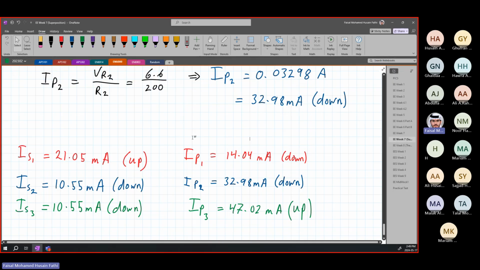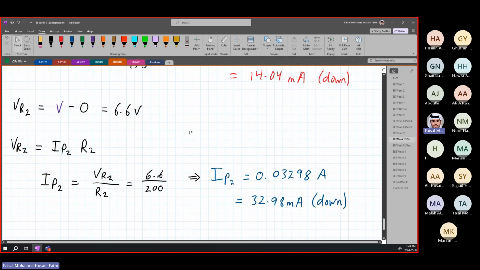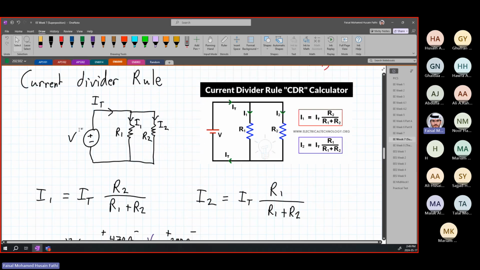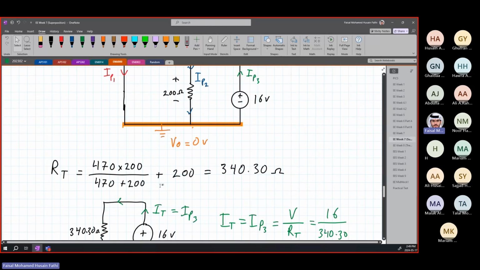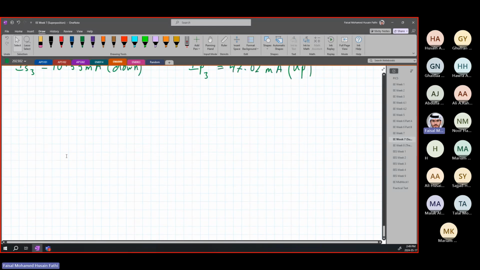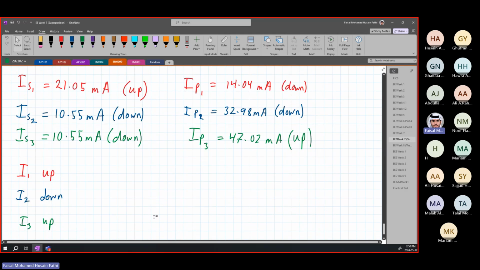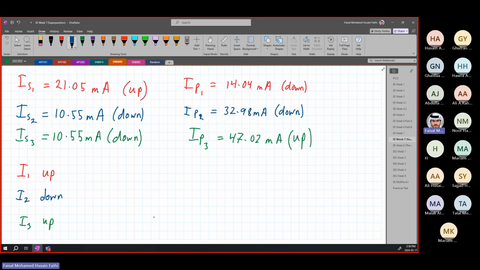Now, this is where it is very important. Now we need to go back to our original assumed directions. Remember when I told you the very first thing you do is you assume your directions, which is up, down, and up in this case. Because now we are going back to the original circuit. We want to relate this to the original circuit. All right? So this is our assumed directions.